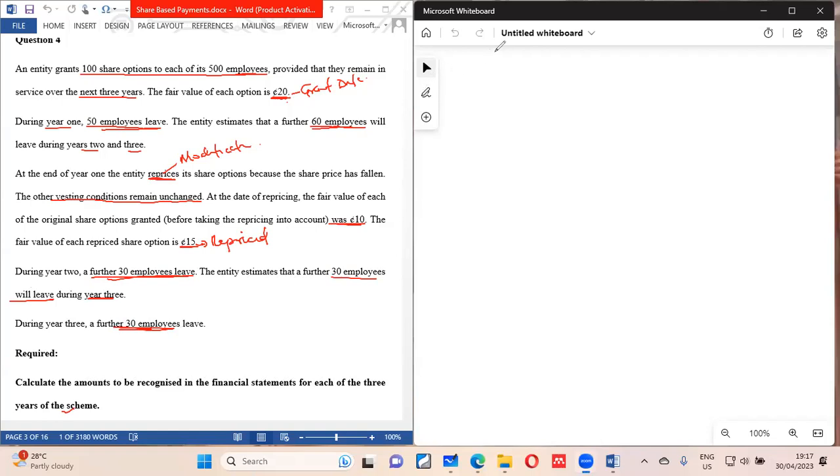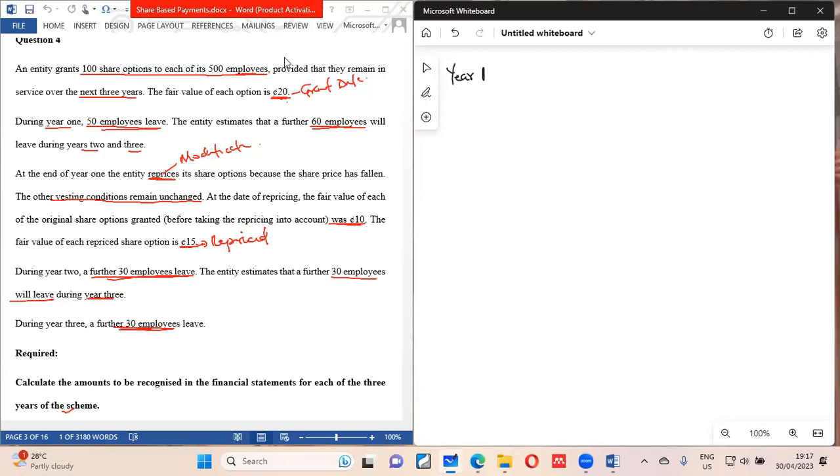But indeed, there was a modification. What do we do when there is a modification? So now, we look at year 1. The modification effect happened at the end of year 1. So the effect of the modification will take place from year 2 onwards. All right. So kindly take note of that.